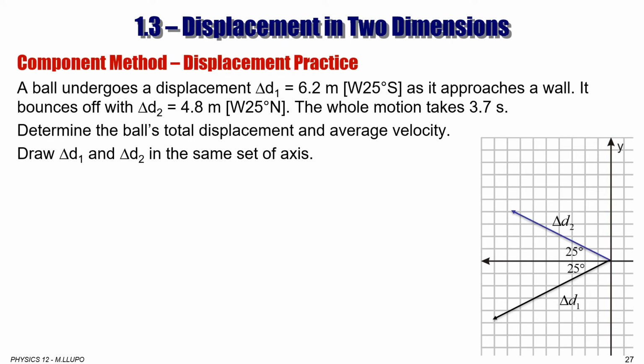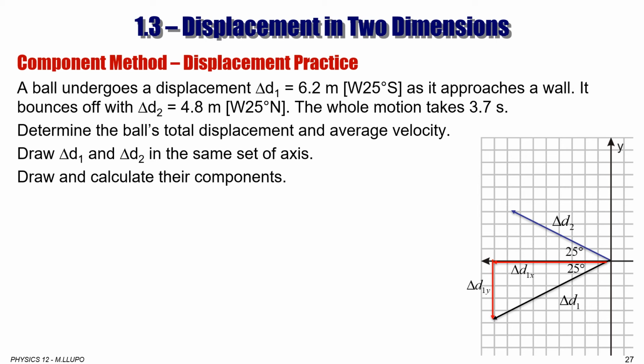The first thing you can do after drawing those two displacements is draw and calculate their components. So make sure you calculate the x component and y component for each of them.